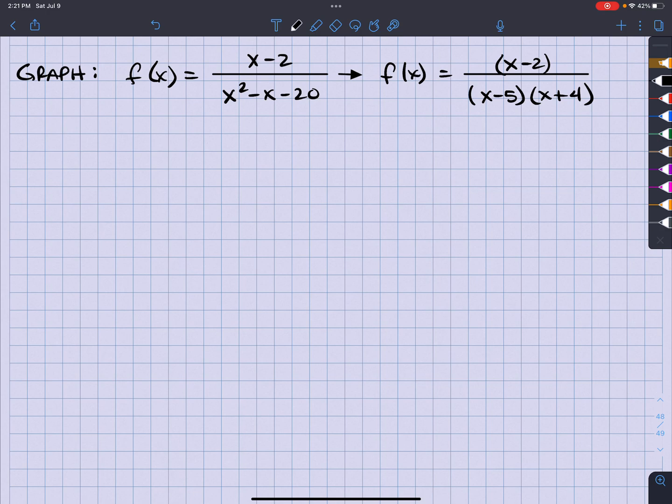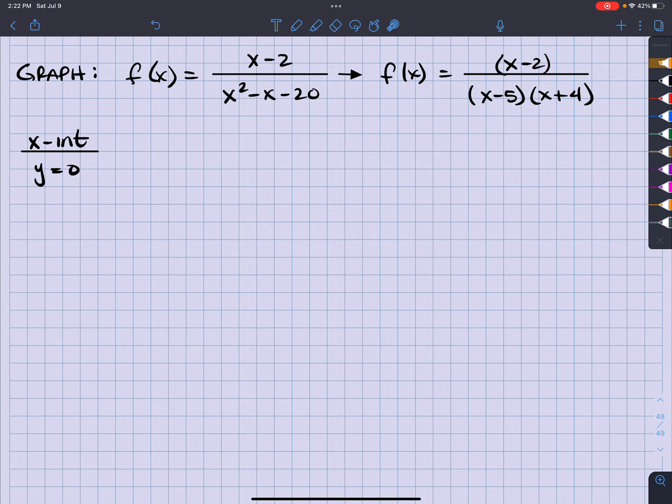So number 1, I have to find my x-intercept. To find the x-intercept, I know that y is equal to 0. So the only way that this fraction can be 0 is if the top is 0.